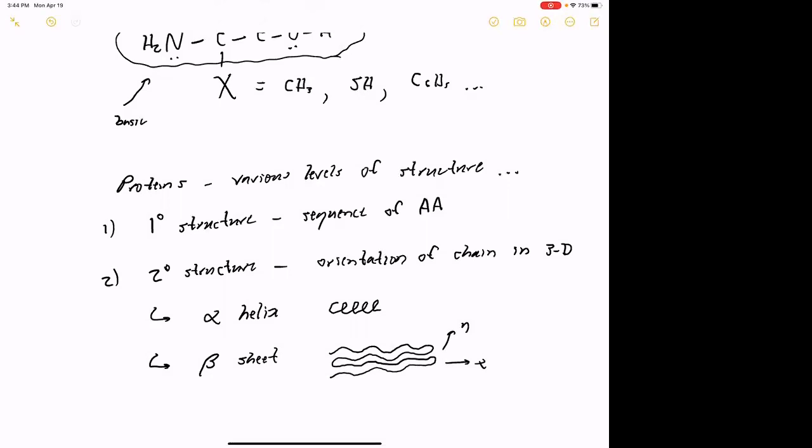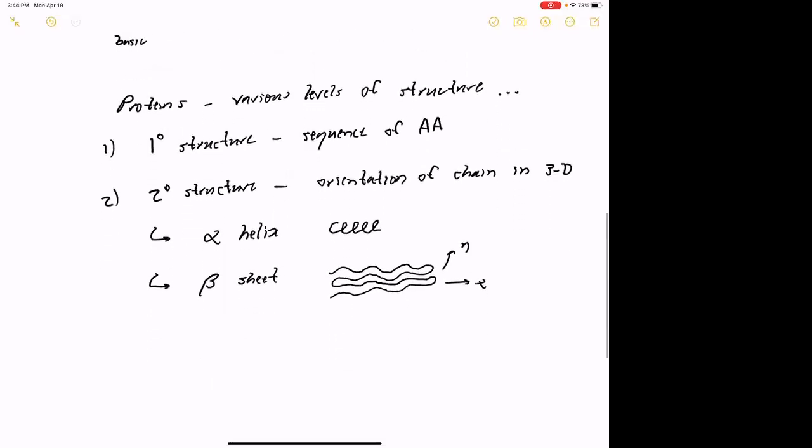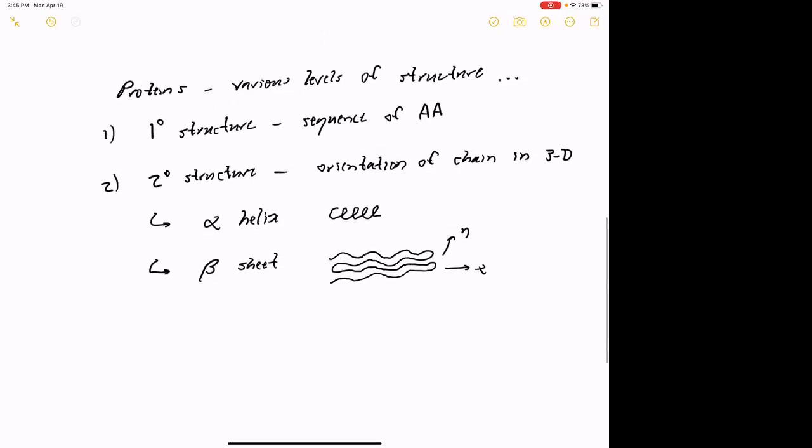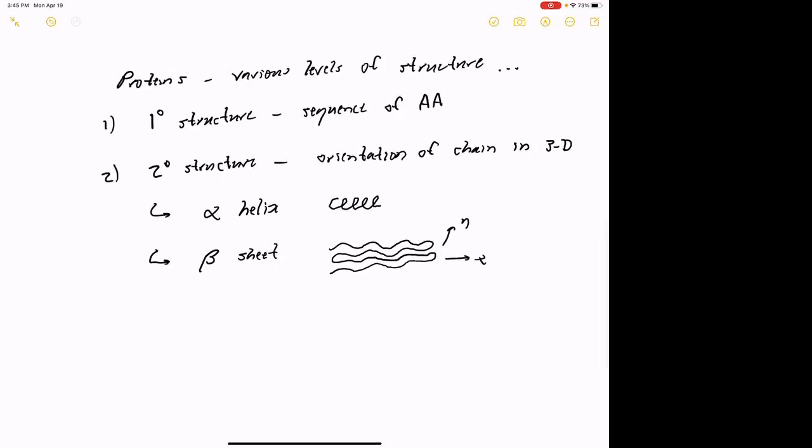Now, we're going to find out that whether we have a beta sheet or an alpha helix makes a difference in terms of the overall structure of the protein, as we're going to find out as we move to item 3 here. Item 3 is obviously the tertiary structure. What the tertiary structure really is, is the folding over of the secondary structures into the overall shape of the protein.